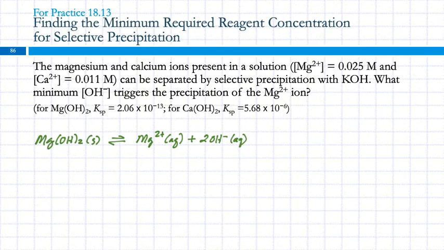And so KSP equals magnesium ion concentration times the hydroxide ion concentration squared. And I shouldn't have written that right there. So essentially what we're looking for is the molar solubility. When magnesium hydroxide dissolves, it's going to make S amount of magnesium and 2S of hydroxide.